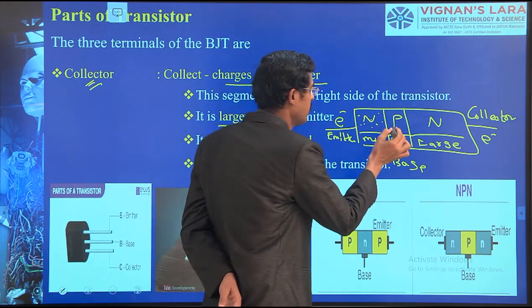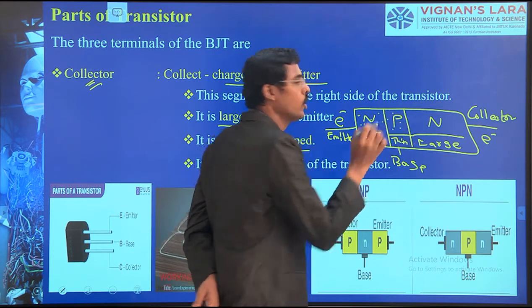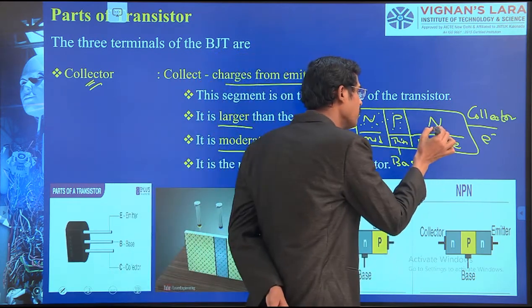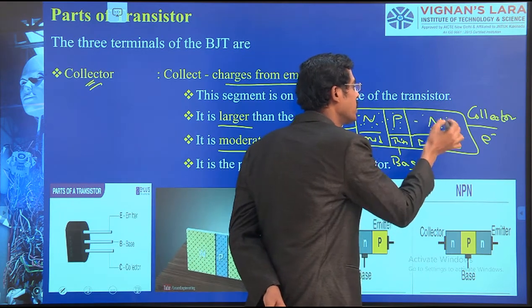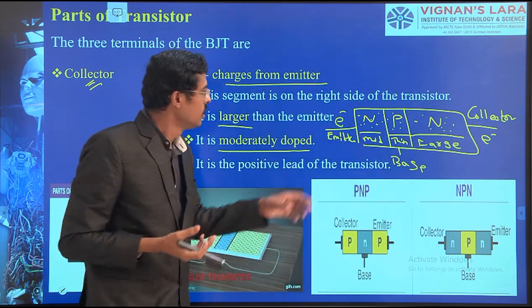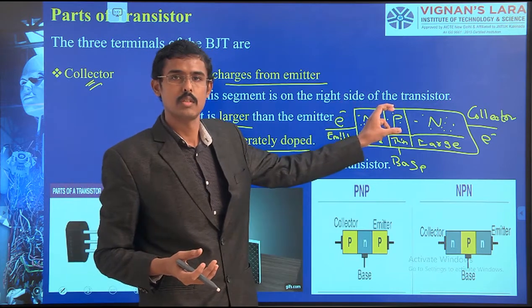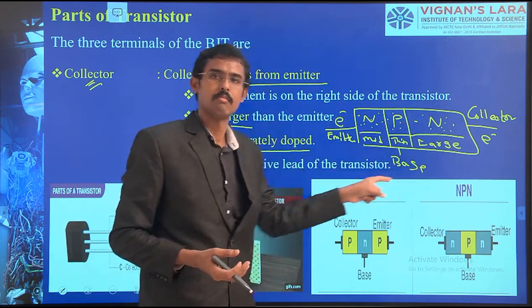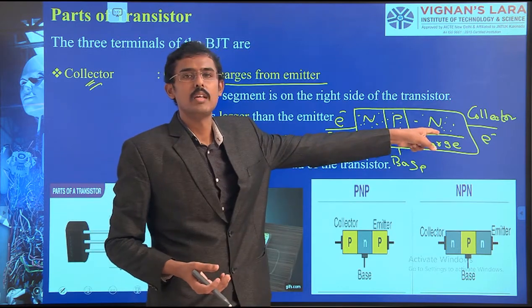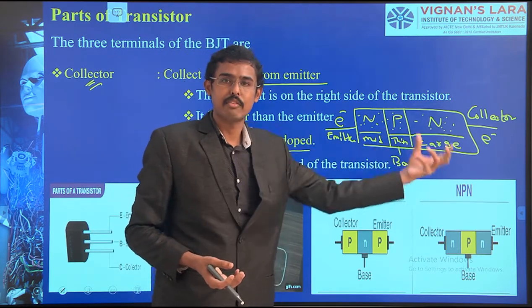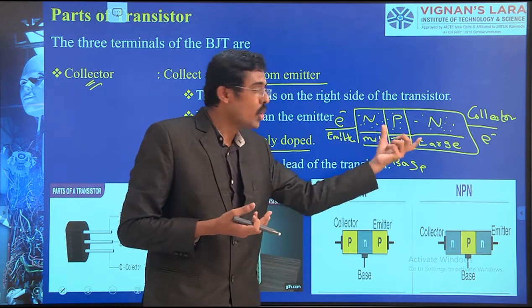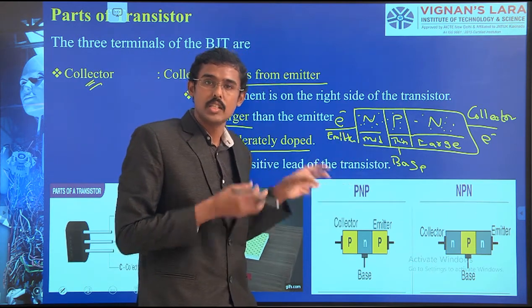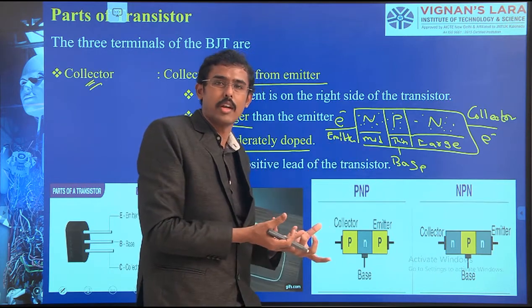Here the P impurities are lightly doped, and at last again N is moderately doped. And it is moderate because here we need more push. Electrons should flow. When it starts to flow, it goes there. There it is a receiver, it is a collector, therefore the size is to be large, but the doping may be less. But here, the doping is to be large, it is going to push, so the size is to be moderate.